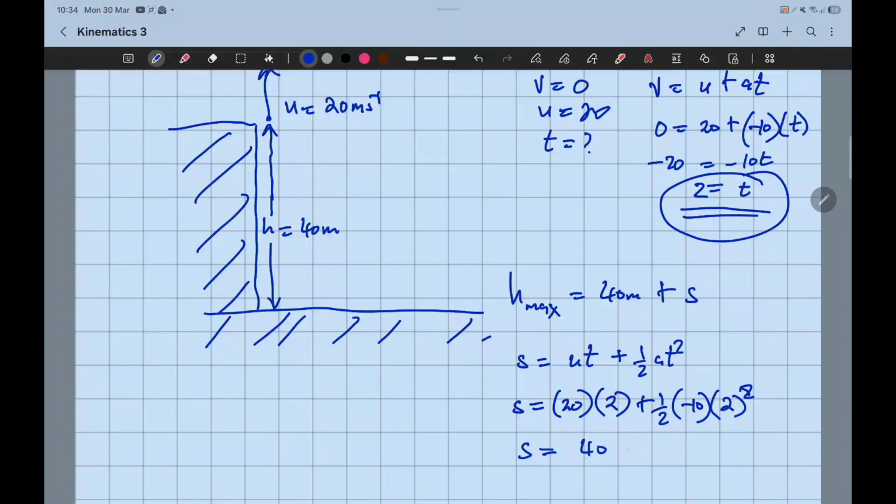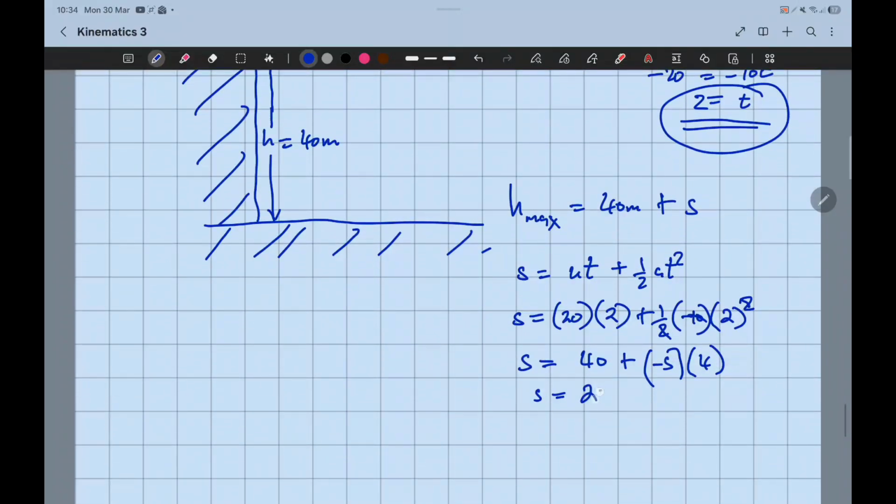S is equal to 40 plus negative 5 multiplied by 4. S equal to 40 minus 20, which is 20 meters. Okay, ndo inenge iri answer yacho, inenge iri 20 meters.